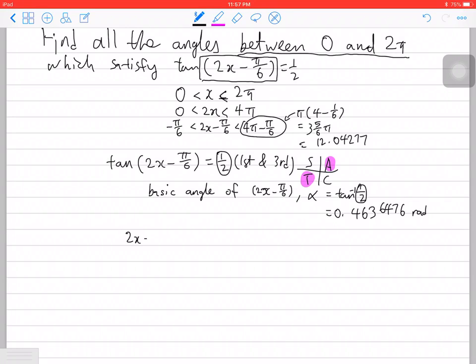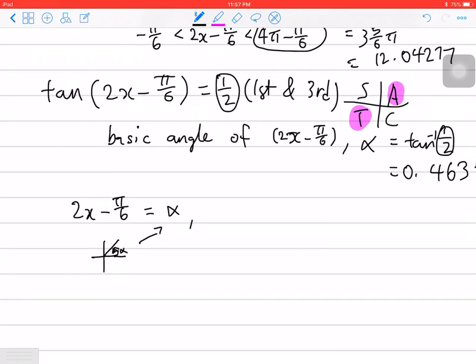So we have 2x minus pi over 6, this is the angle that hypo has rotated, equals to first quadrant. So first quadrant is alpha. Then after that we have third quadrant, so here will be pi, so this angle will be pi plus alpha.